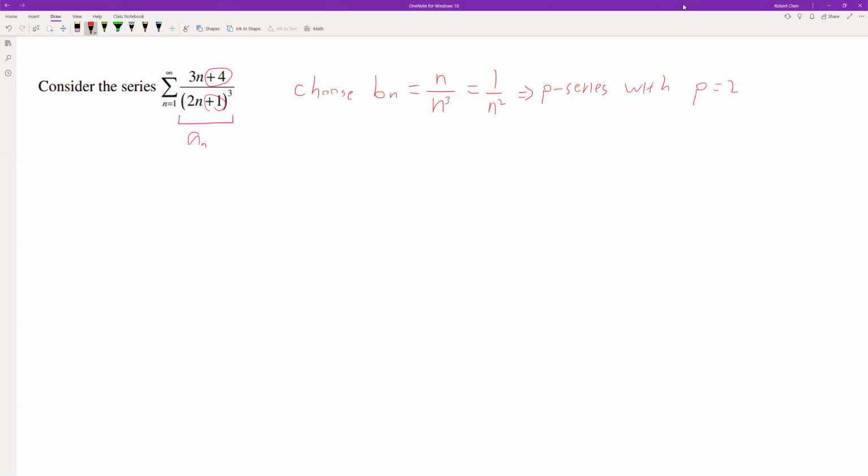So when does a p-series converge? When p is greater than 1. So this actually converges. All right. So we know that b_n is going to converge. Let's compare that with a_n.